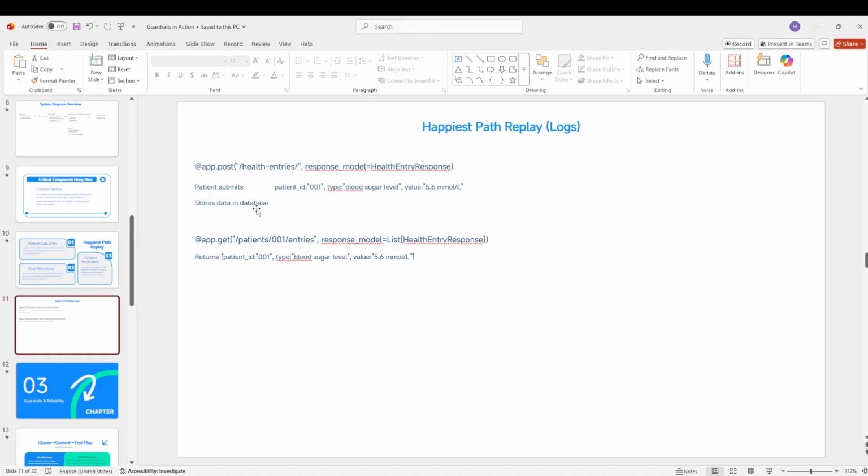At a future point in time, a patient or their healthcare provider could access this data by going to /patients, then user ID, /entries, and our system would return the entries that the user has submitted.